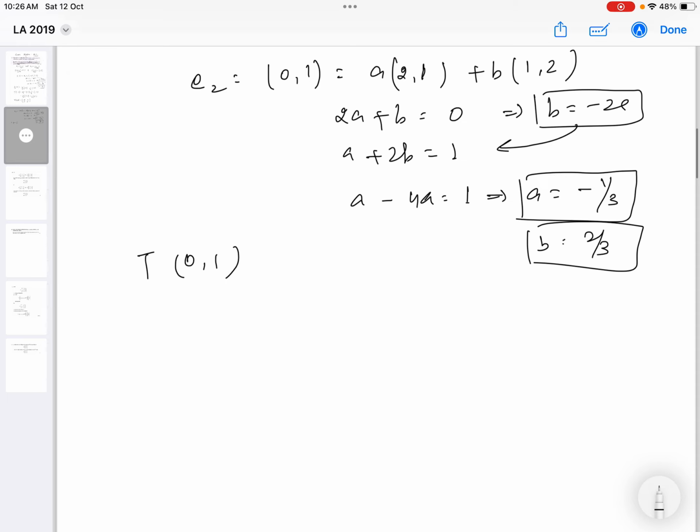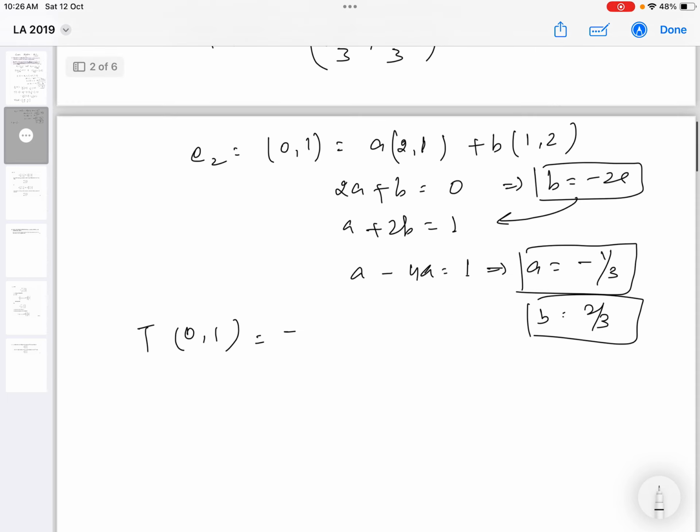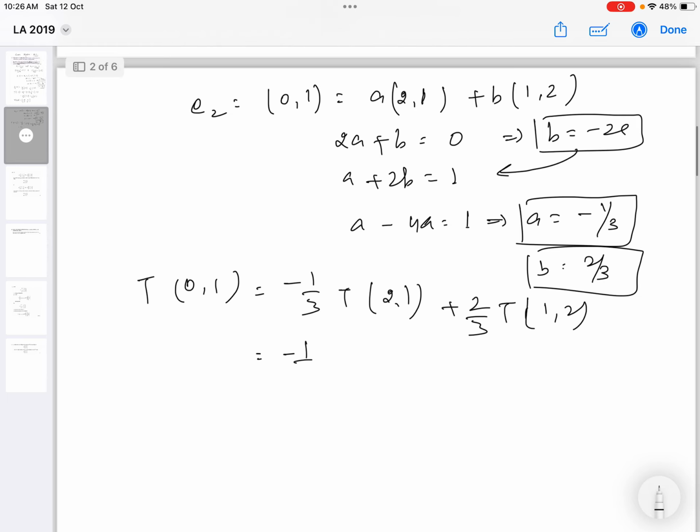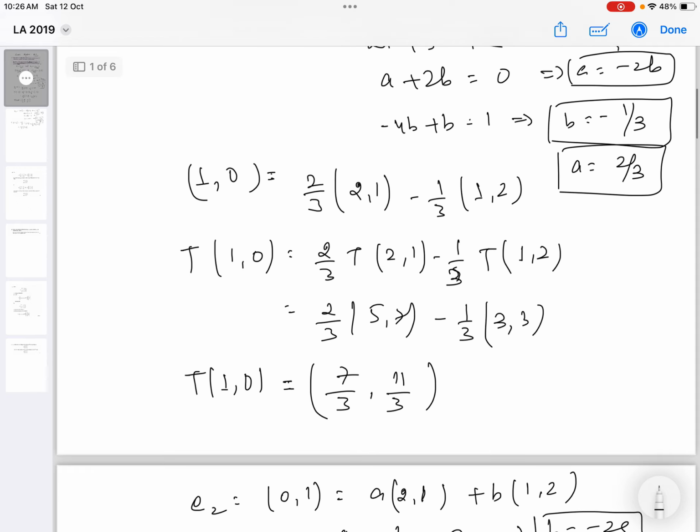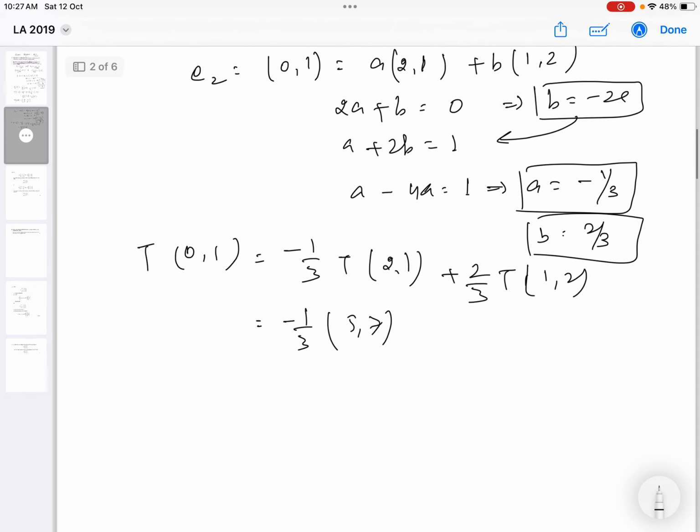Let's just take the transformation directly. So a we know is minus 1 by 3 times transformation of (2 comma 1), plus b, which we know, times transformation of (1 comma 2). Now if you substitute the values of the transformation, it was 5 comma 7, if I'm not wrong, yes, 5 comma 7, and this is nothing but 3 comma 3.